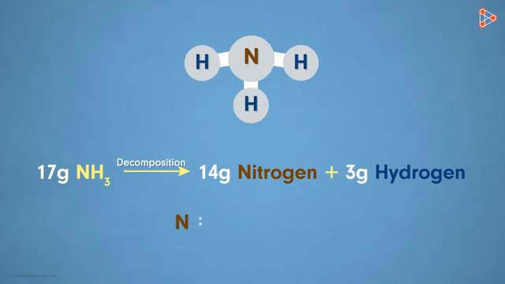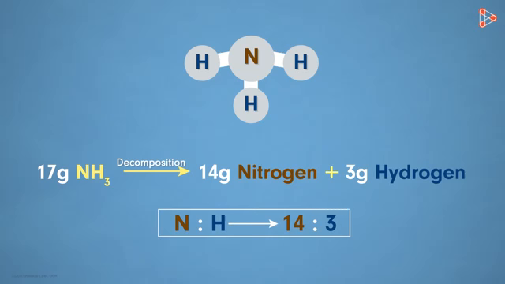So can we say nitrogen and hydrogen are present in ammonia in a constant ratio of 14:3? Even if we decompose ammonia in any other way, the ratio of nitrogen to hydrogen in the compound will always be the same, 14:3. Yes, and this is seen in all the compounds existing naturally or even artificially.